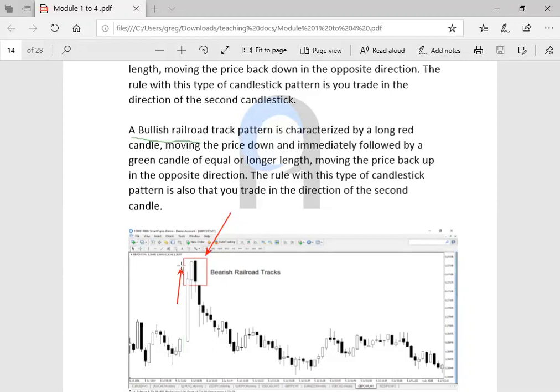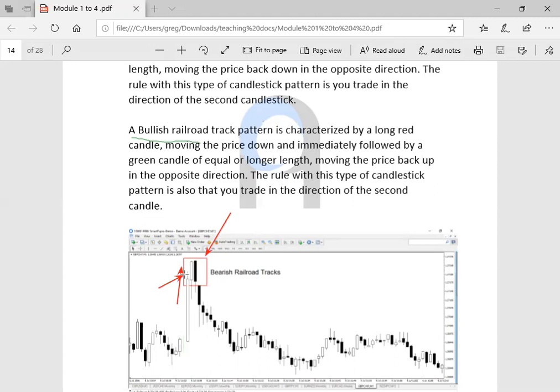That's not of concern right now. The one thing we need to know is how to identify a pattern, give it a name, and know what it represents. What hint, what tip is it giving me? What is it telling me? With this type of pattern, you have a bullish candle, usually a big candle.